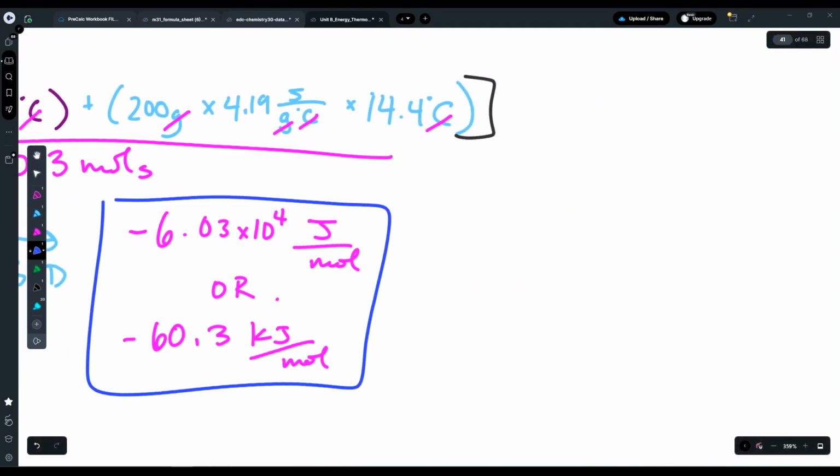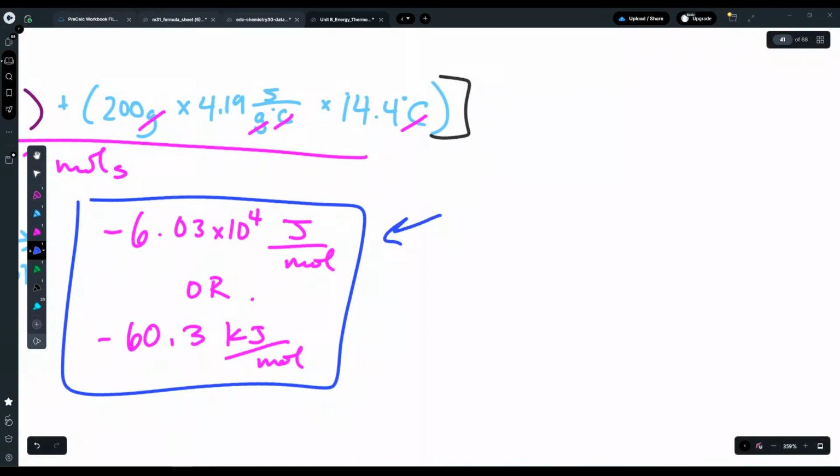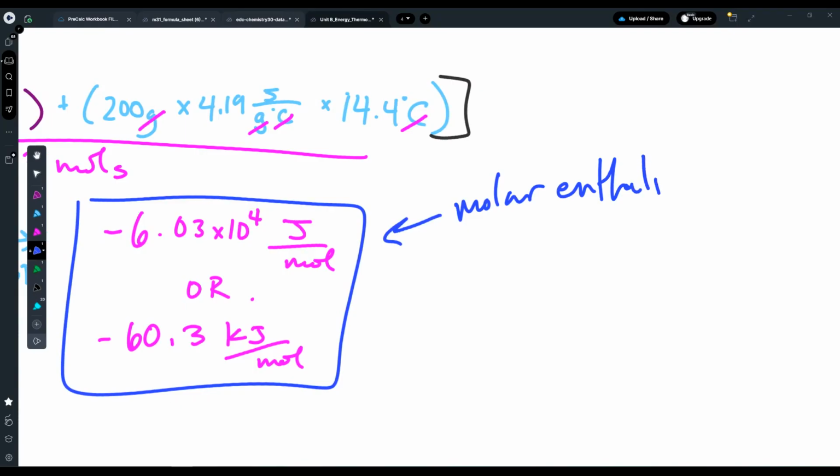Okay, so if you want to do joules per mole or kilojoules per mole, either is fine when the question doesn't specify the types of units it wants. However, just pick one. You're not expected to do both. So molar enthalpy for sodium hydroxide specifically.